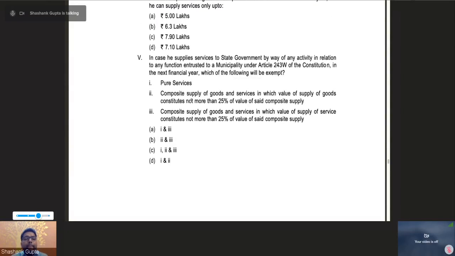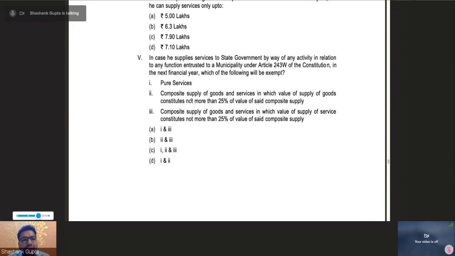Next, in case he supplies services to state government by way of any activity in relation to any function entrusted to a municipality under Article 243W of the Constitution in the next financial year, which of the following will be exempt?